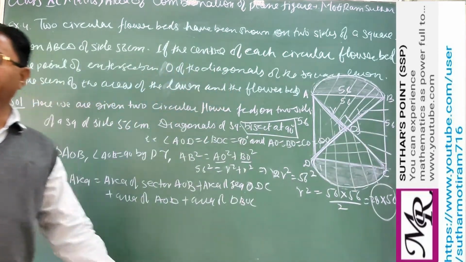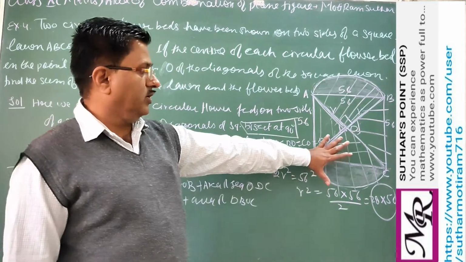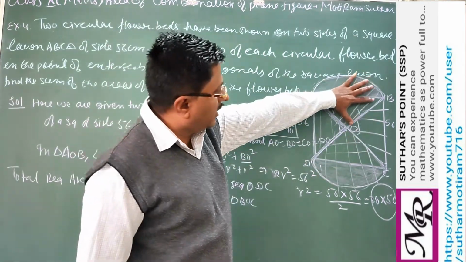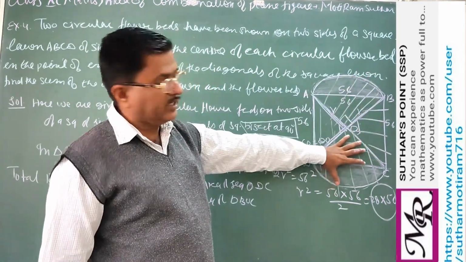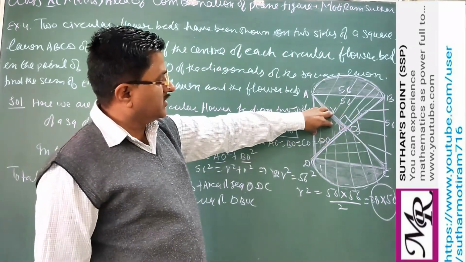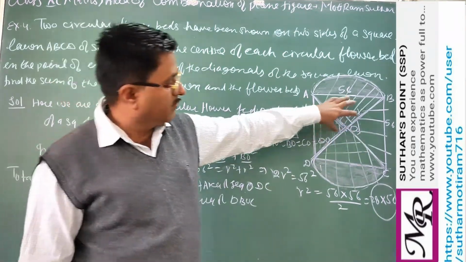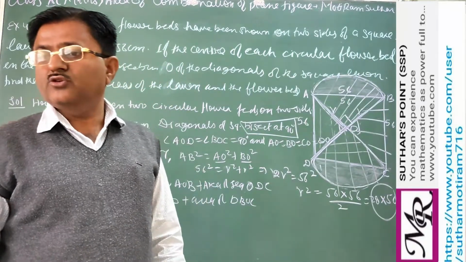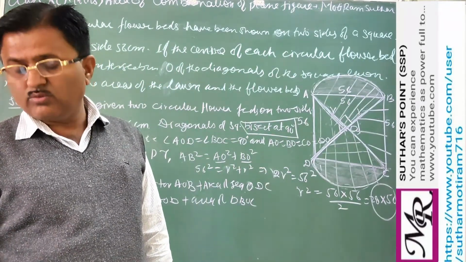So we get the whole area. Very carefully, this is how we take the required area: the area of this sector plus the area of this sector plus the area of this triangle plus the area of this triangle. So that will give you the required area.